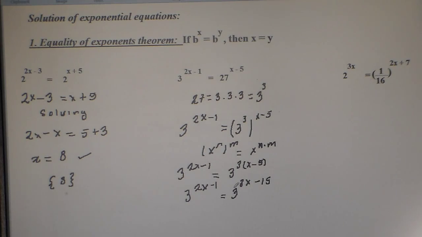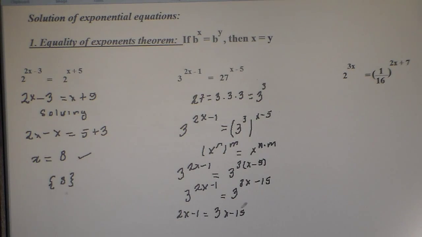And now we got two exponential expressions with the same basis. Then we are ready in this case to make the exponents equal. Then we're going to do 2x minus 1 equals 3x minus 15.